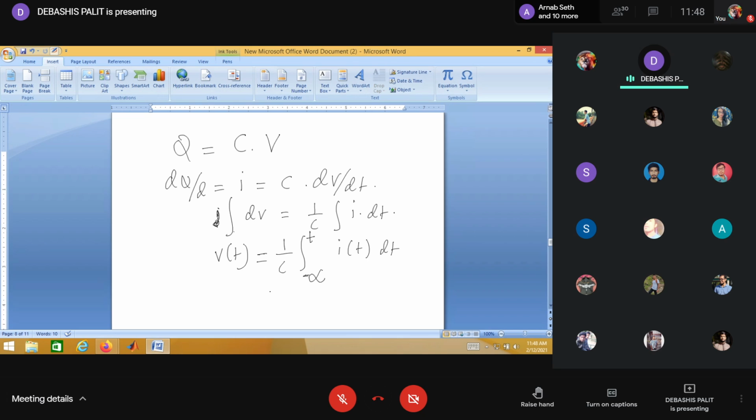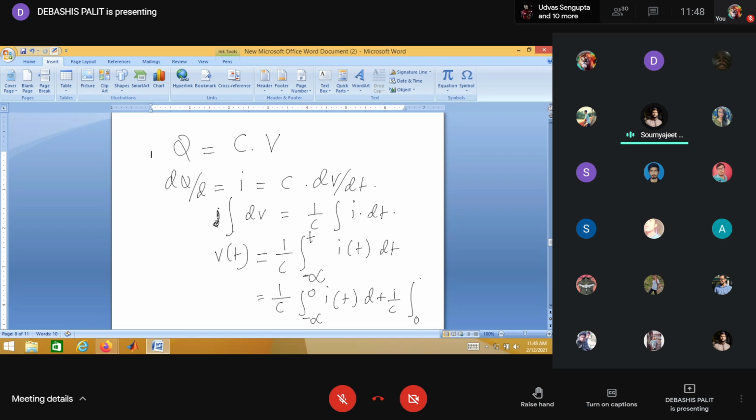So whenever current is time varying, voltage is also time varying. So that is 1 by C integration from minus infinity to 0 and then 0 to t. So actually the time is split into two parts: one is from infinite time before to a specific time that you are considering, and then from that initial time to a certain finite time.